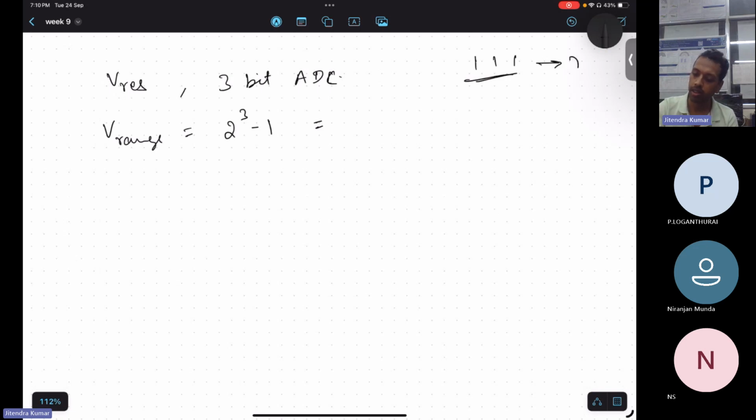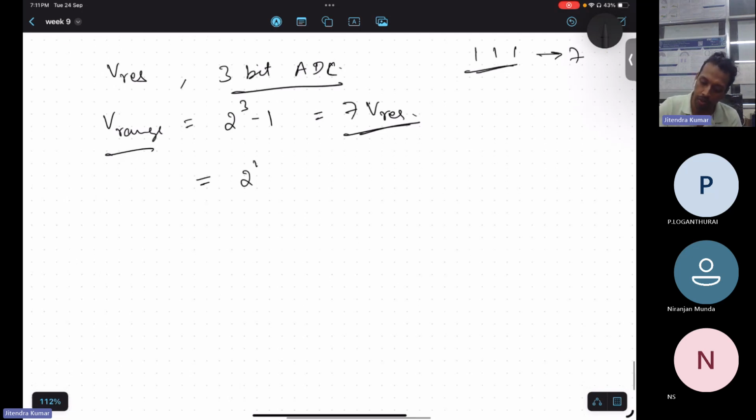So the range is 7 V. If we know the value of resolution with a 3 bit ADC, we can measure till 7 times that resolution. So if you want to measure a higher range of voltage with a flash type ADC, you will have to use a higher number of bits, because the range depends on the number of bits.